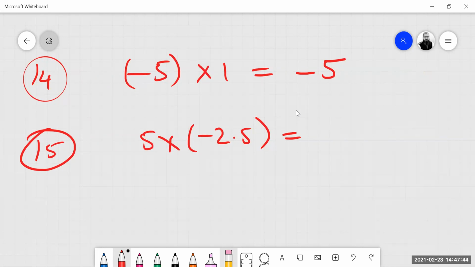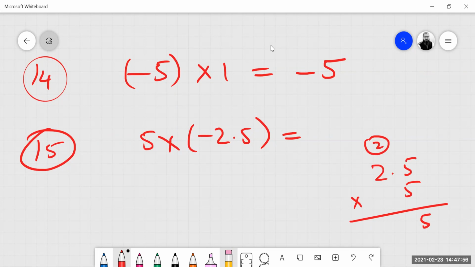No. Look, 2.5 multiply by 5. 5 times 5 is 25, here 2 carry. 5 multiply by 2, 10, 10 plus 2, 12. There is one value after the decimal, so 12.5. Minus 12.5 is the answer.